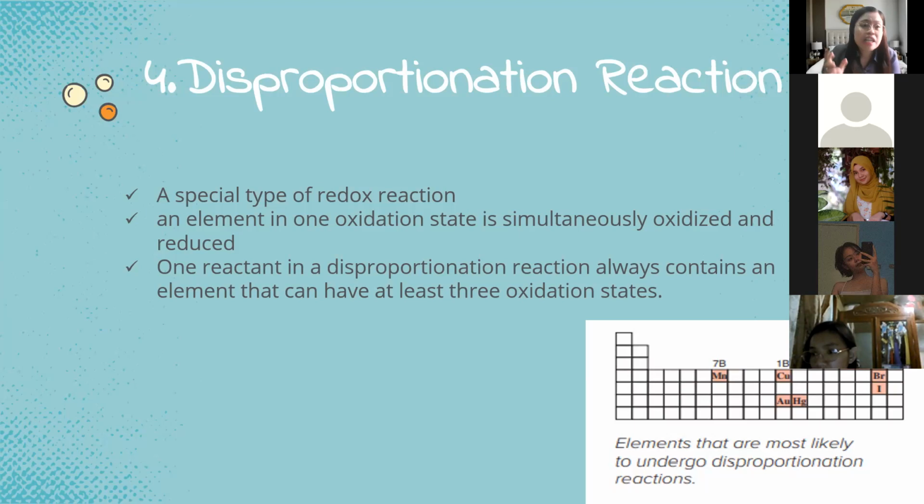This is a special type of reaction. May mga disproportionation reaction na pwedeng under sa decomposition, pwede ding under sa combination, but then again, this one is special. Now, what happens sa disproportionation reaction?